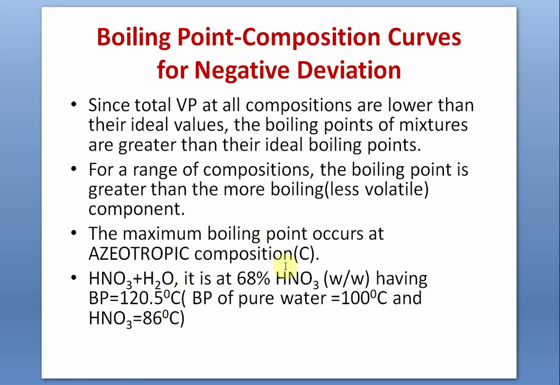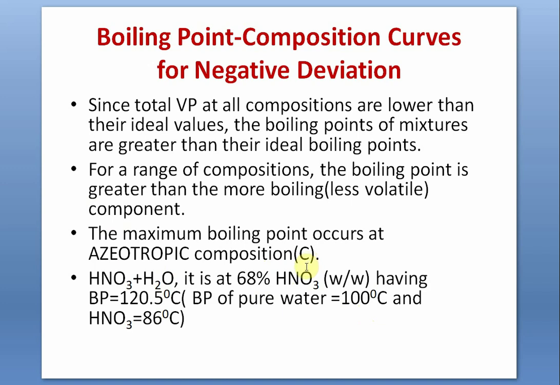At that composition, the boiling point is maximum. And therefore, you must be guessing that such an azeotrope is called a negative azeotrope or a maximum boiling mixture. That was a minimum boiling mixture for positive deviation, and for negative deviation it is called a maximum boiling mixture, and also it is a constant boiling mixture.